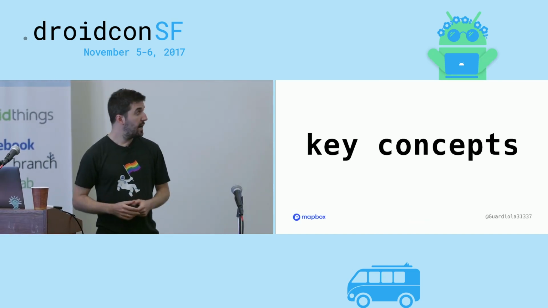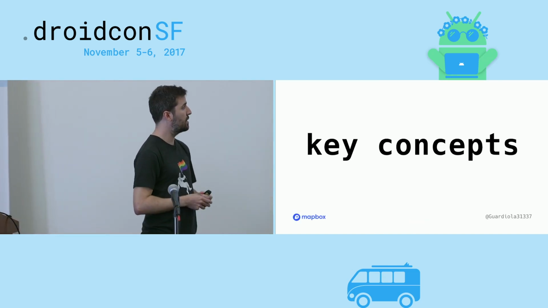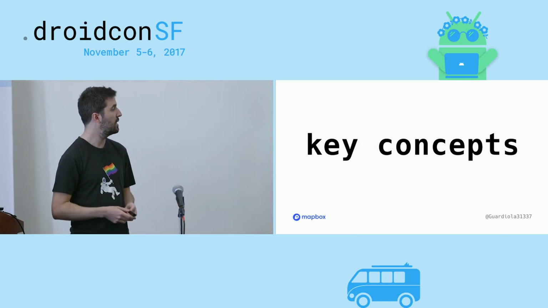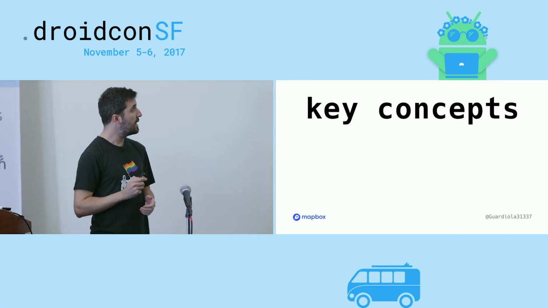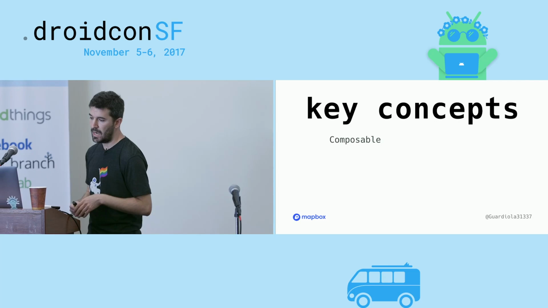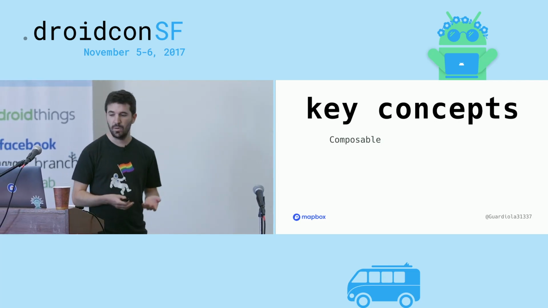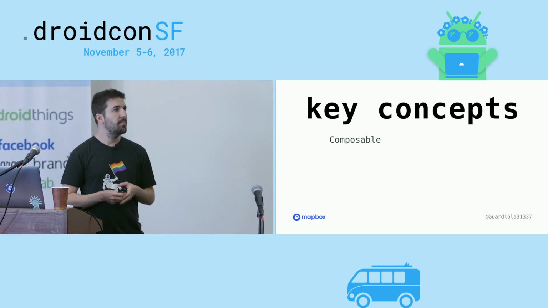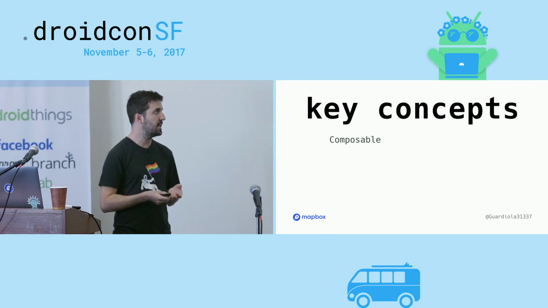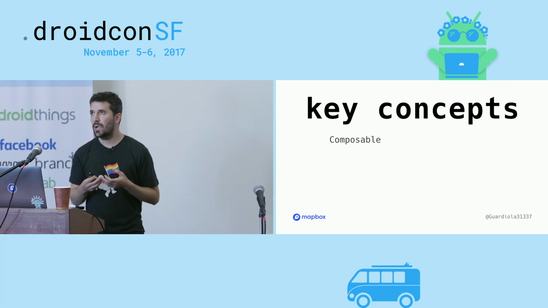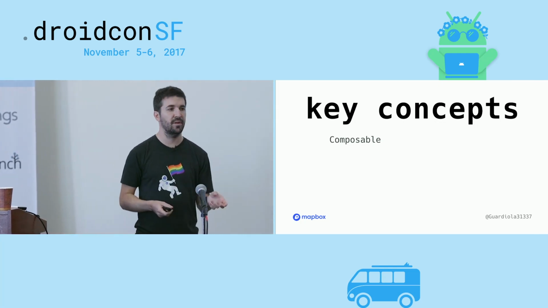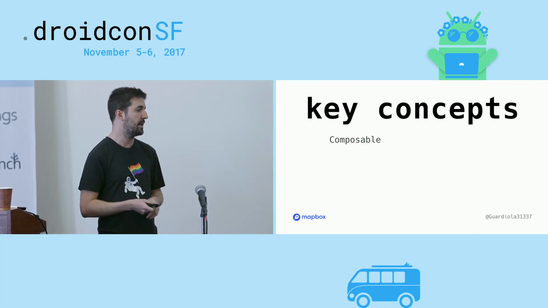So let's start with the key concepts. What are the key concepts that I want you to take away by the end of the talk? First of all, a DSL needs to be composable. So we need to define a DSL in which you can compose primitive actions or operations both sequentially and in parallel.